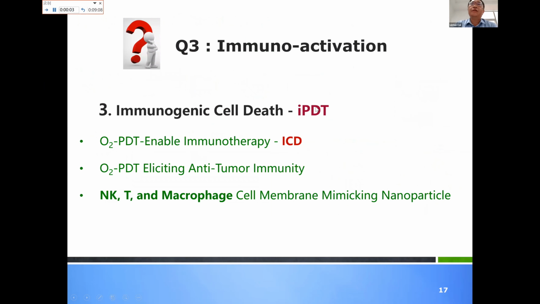The third question is how we can improve the immune activation in cancers, because for cancer therapies, finally we need to use the immune system to fight all these cancers.